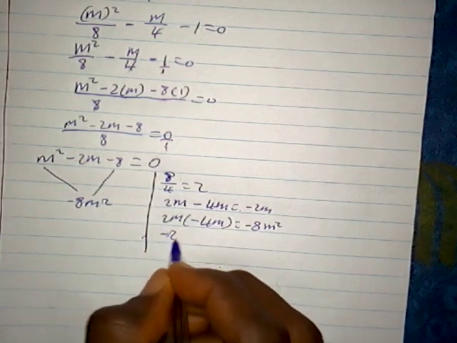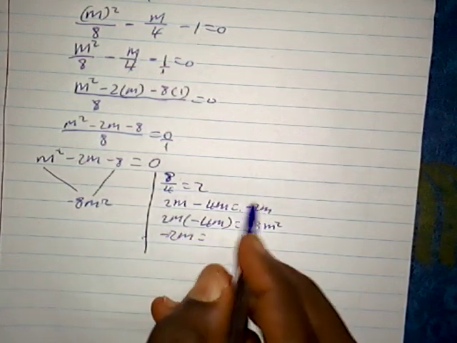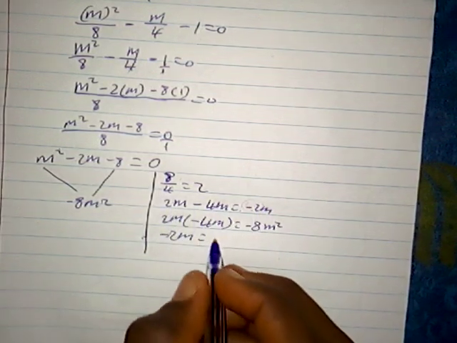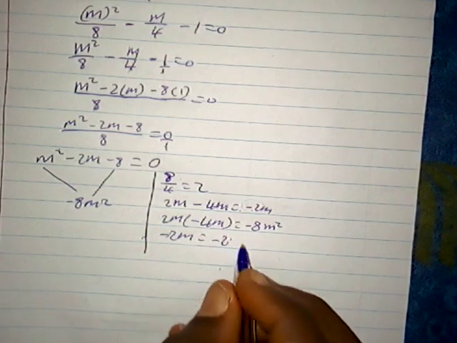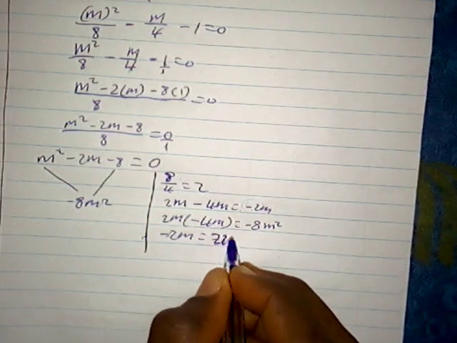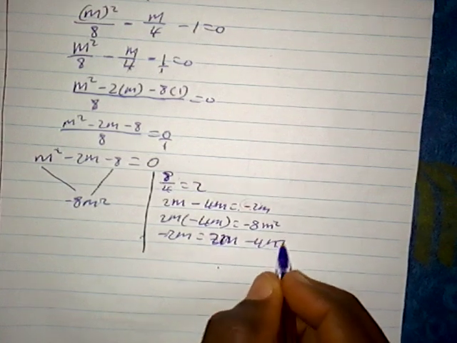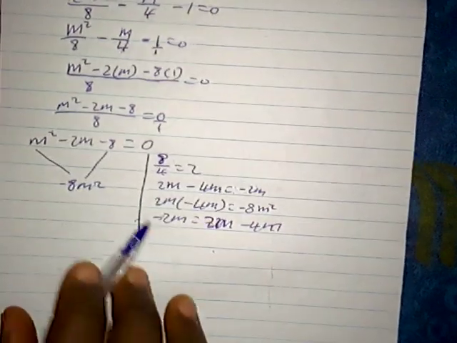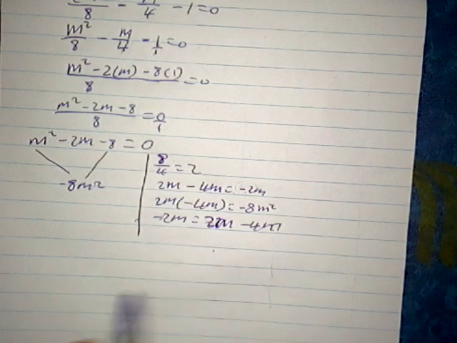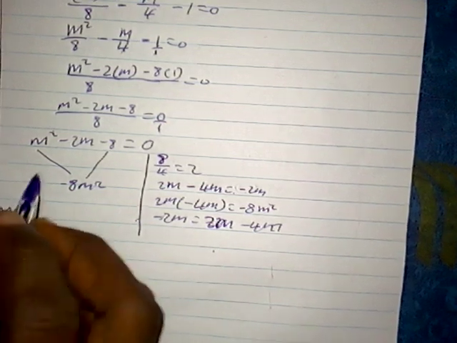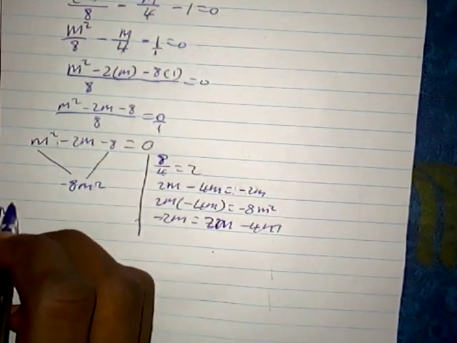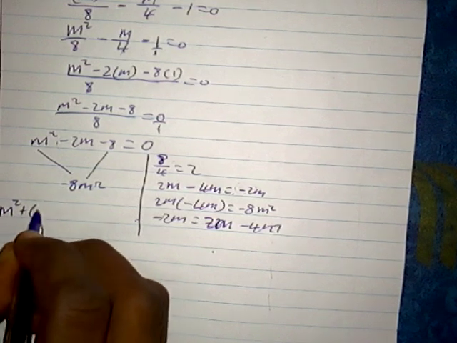So minus 2m, what is the minus 2m equal to? This minus 2m is equal to 2m minus 4m. You see? Good. So anywhere we see minus 2m, we put 2m minus 4m. Now we come, so we say m, what is here? It is 2m, m squared, plus what?